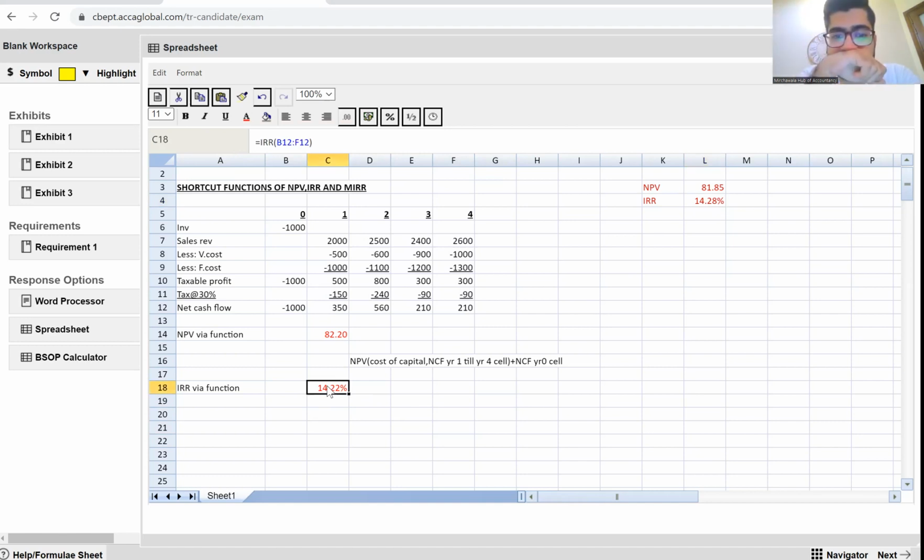That's it. Can you imagine how much time you saved? You just applied the IRR function, IRR, bracket open, NCF year 0 till year 4 cell, that's it.